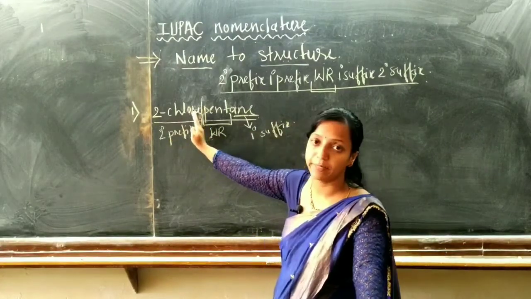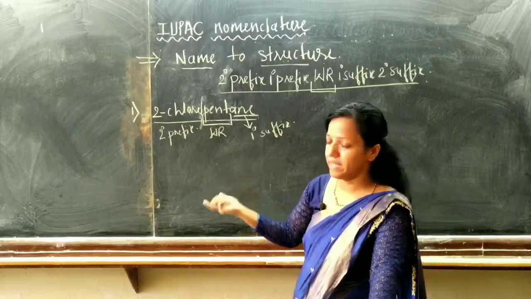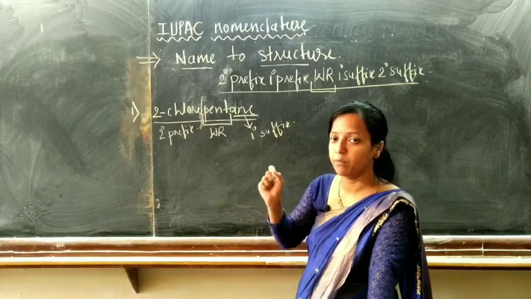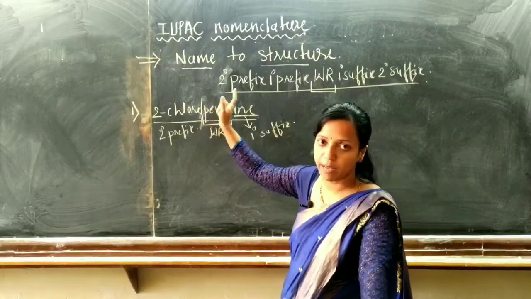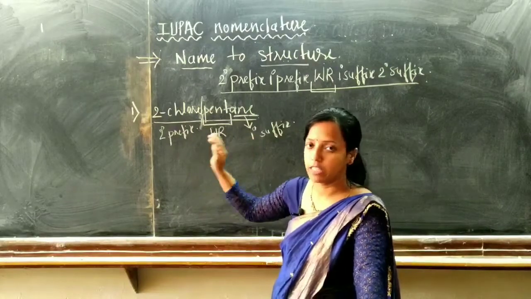There is no primary prefix here. Primary prefix means cyclo, bicyclo, spiro. Absence of a primary prefix shows it is not a cyclic compound, it is open chain.